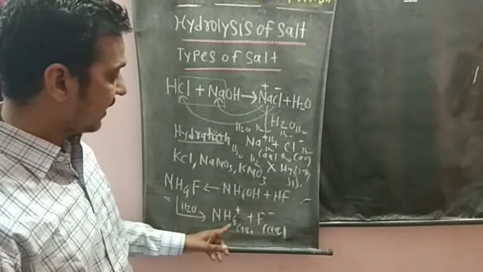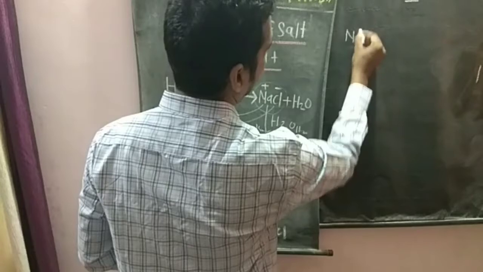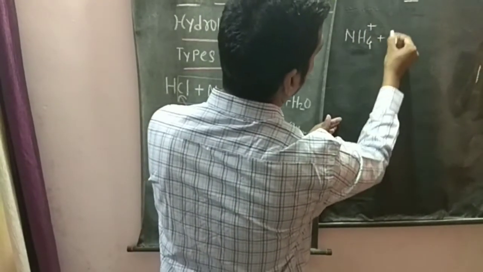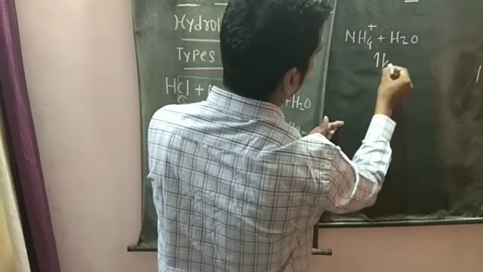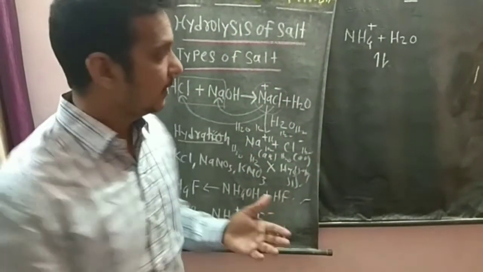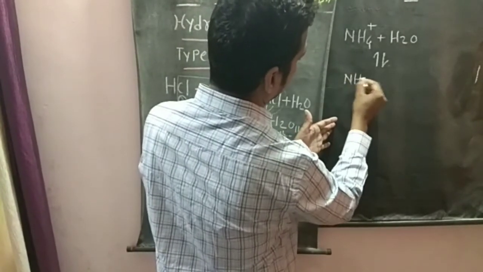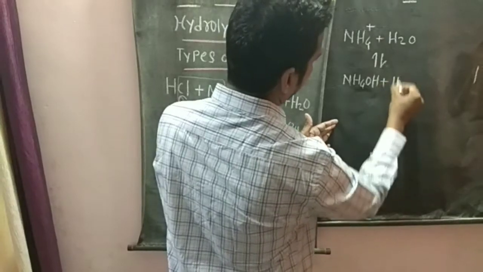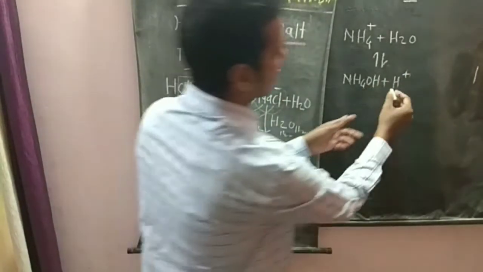But here these ions, which come from a weak acid and a weak base, react with water. So when NH4 plus further reacts with water, reversibly, it again forms the weak base NH4OH plus H plus. So this is acid; H plus means acidic.